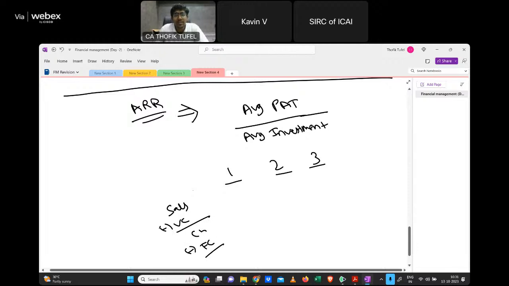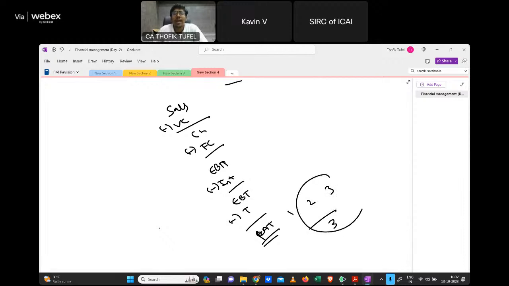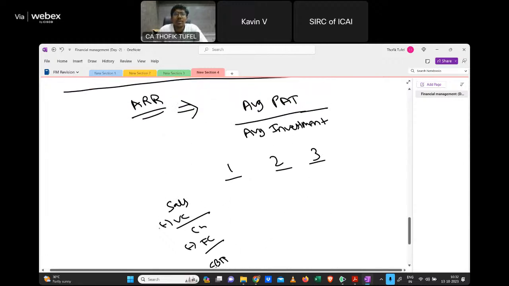Minus fixed cost, you will get EBIT. Minus interest, you will get earnings before tax. Minus taxes, you will get profit after taxes. And this profit after taxes you will get for year 1, year 2, year 3. Then you divide it by 3 to get the average PAT. So this will be the average PAT.